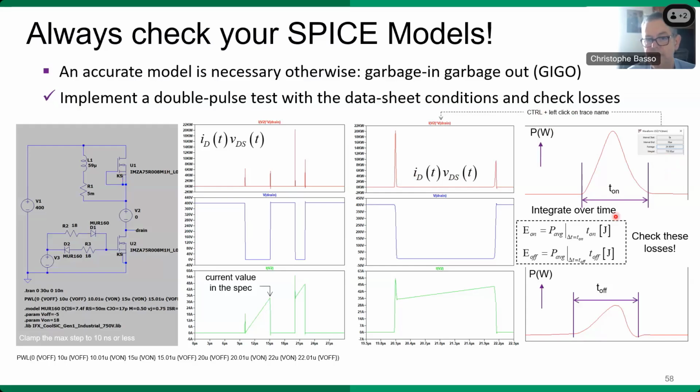This average value multiplied by the on time gives you more or less the energy lost during the off to on cycle, but also during the on to off at the turn off. And you have to look at the spec given in the data sheet. If your SPICE simulation result approaches more or less what the data sheet tells you, then it's a good sign that the model is okay.